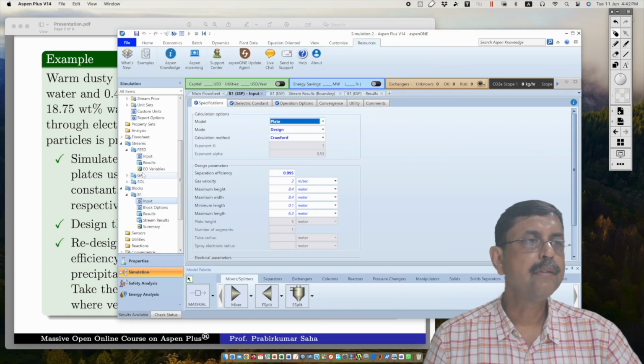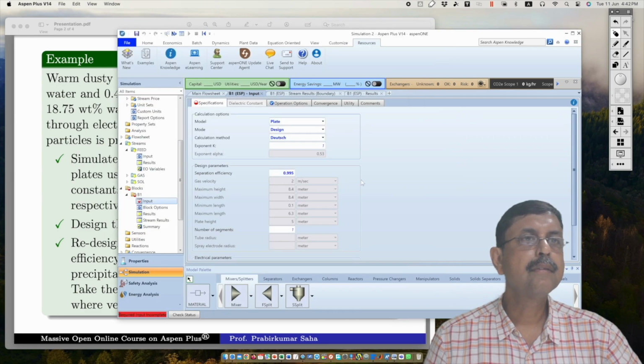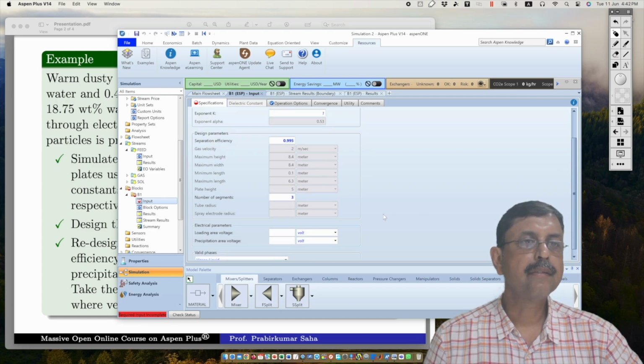Okay, so let us design it using the Deutsch method. In the Deutsch method, you have to use 3 segments. Nothing has been said about the exponent k, so we leave it as 1. The number of segments, we'll use 3, that is required.